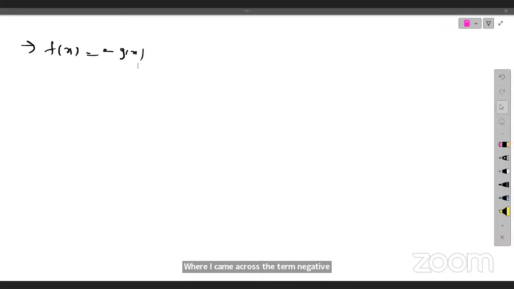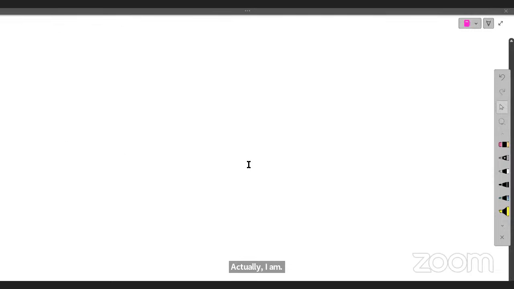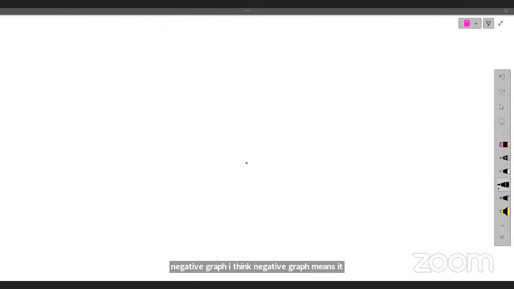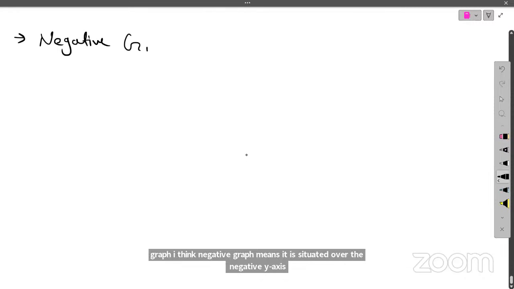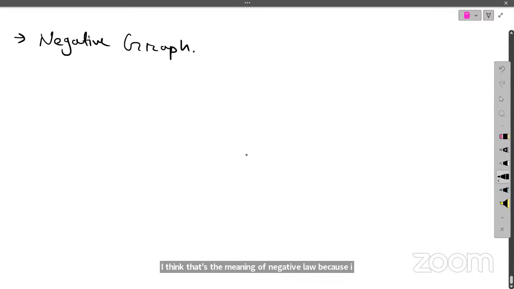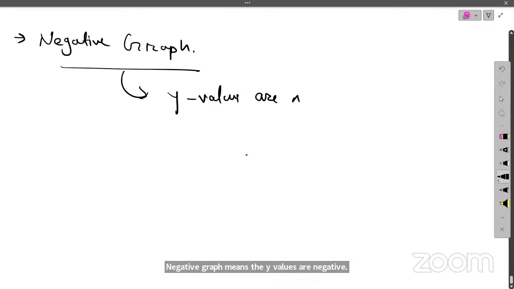Actually, the graph is negative between this interval and positive between that interval. I think negative graph means it is situated below the x-axis, that the y values are negative.